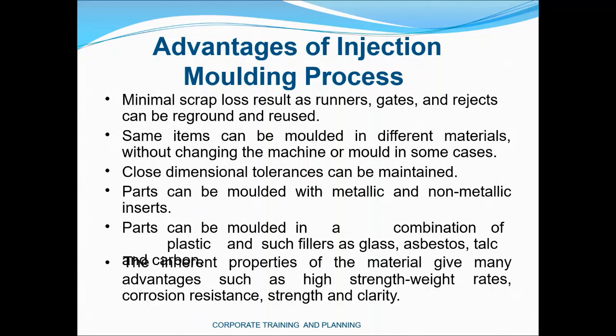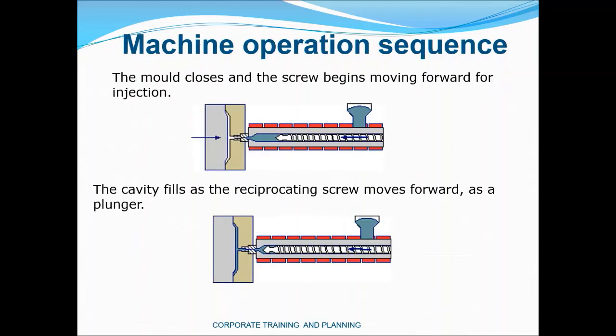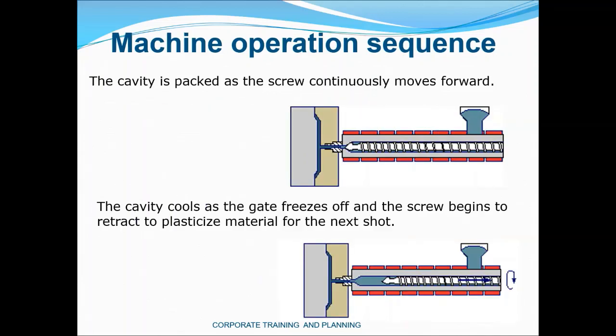Limitations of injection molding: the molding equipment and machining cost are high. Machining operation sequence: the mold closes and the screw begins moving forward and injects. The cavity is packed as the screw continuously moves forward.